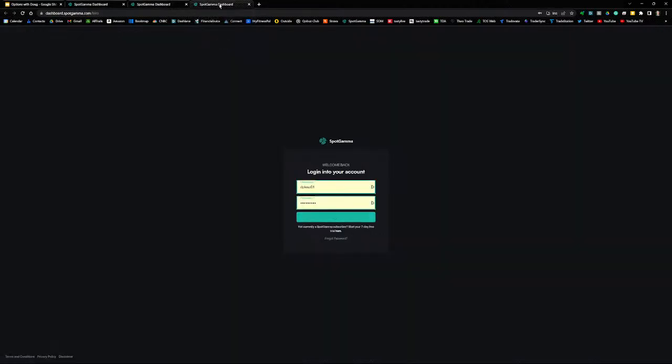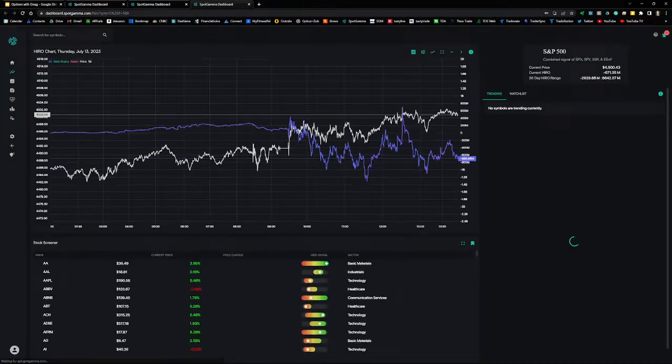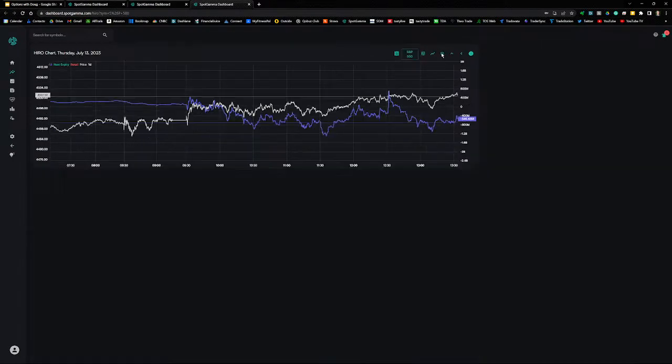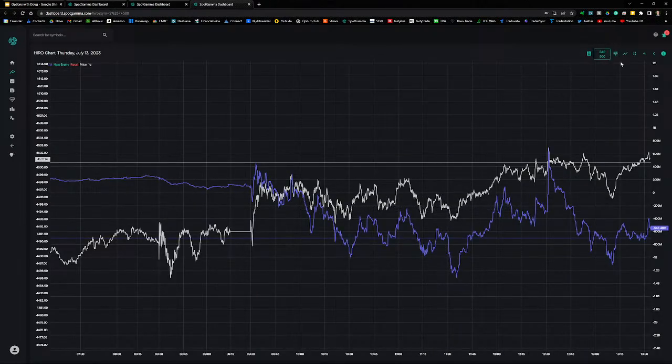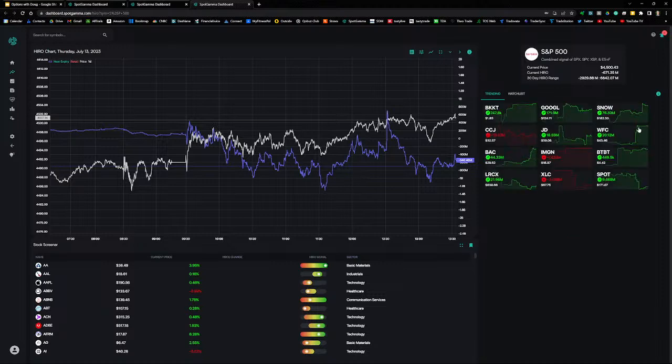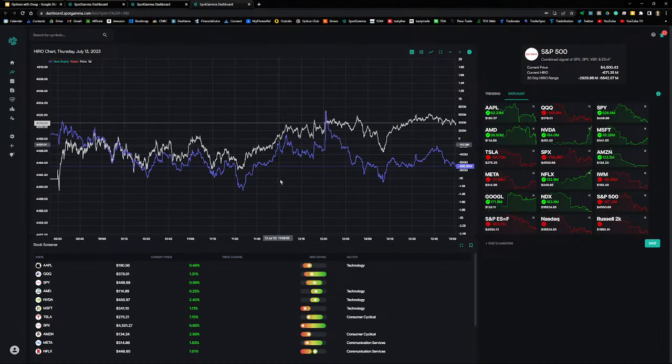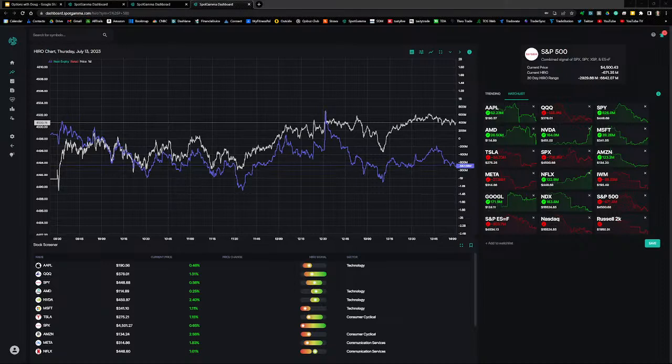All right, so let's take a look at setups now. I'm going to start with the S&P 500. And let me zoom back out. So this is the hero signal for the S&P 500. What this chart is showing is price for SPX.